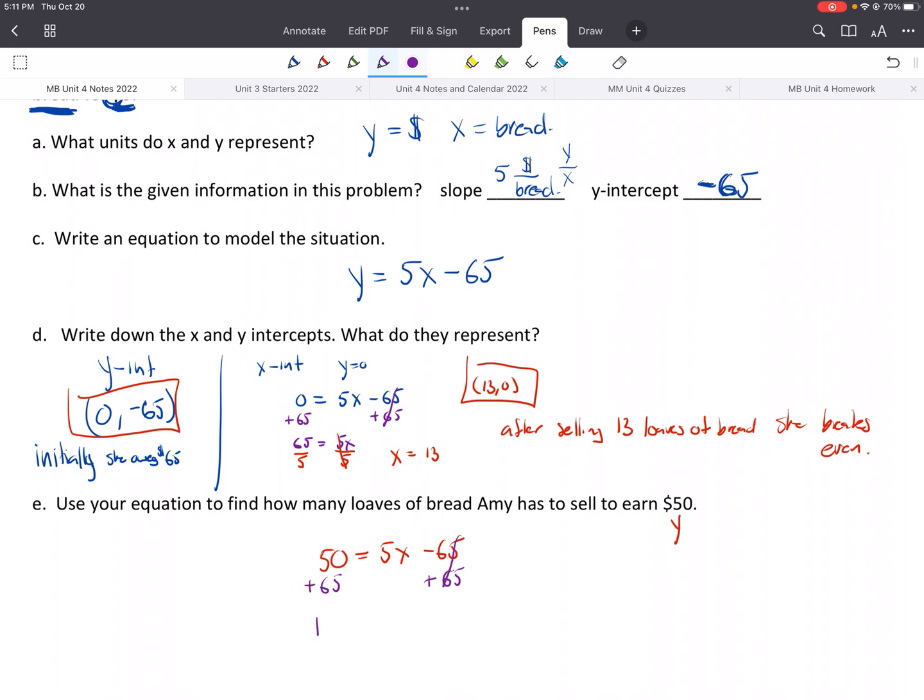So that would give us 115. And then we'll divide by 5. So 115 divided by 5 means she would need to sell 23 loaves to earn $50.